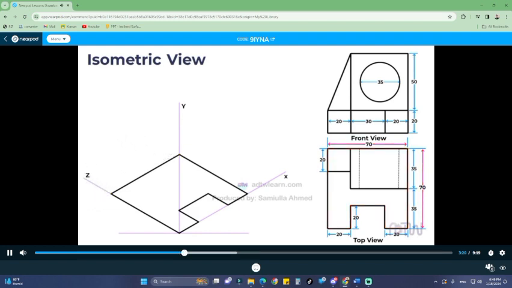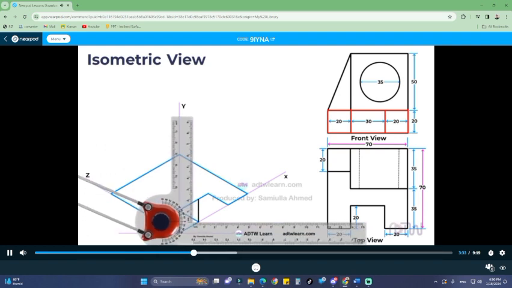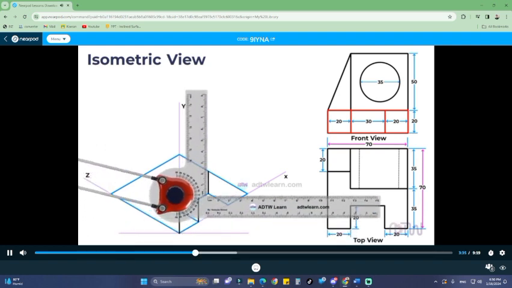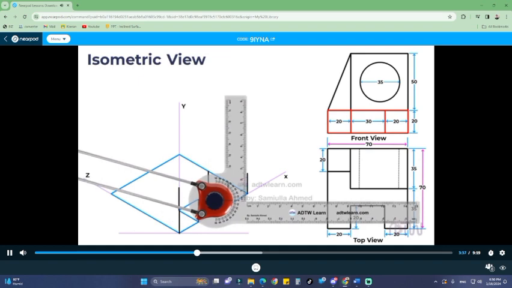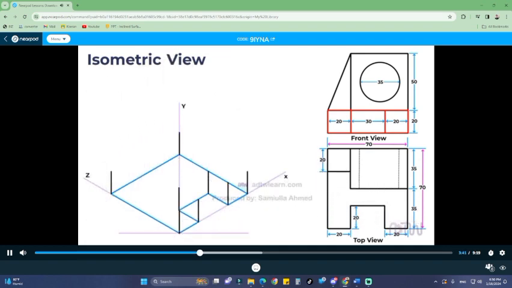Moving on to the next step, we notice that the thickness of the base in the front view is 20 millimeters. To incorporate this into our drawing, draw vertical lines of 20 millimeters from each corner point. Subsequently, connect the endpoints of the vertical lines to form the base of the object.